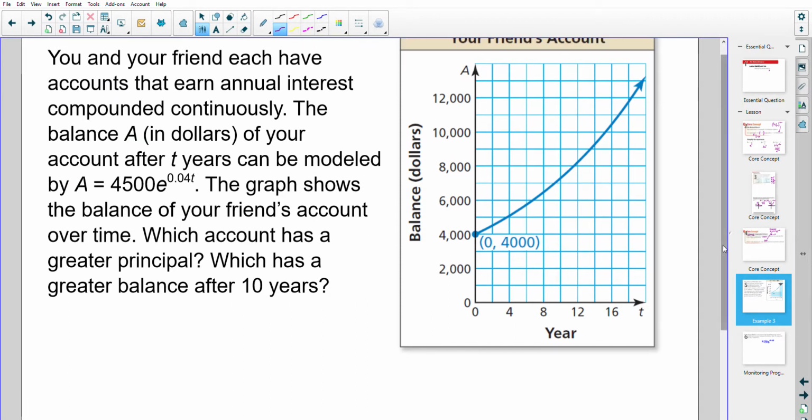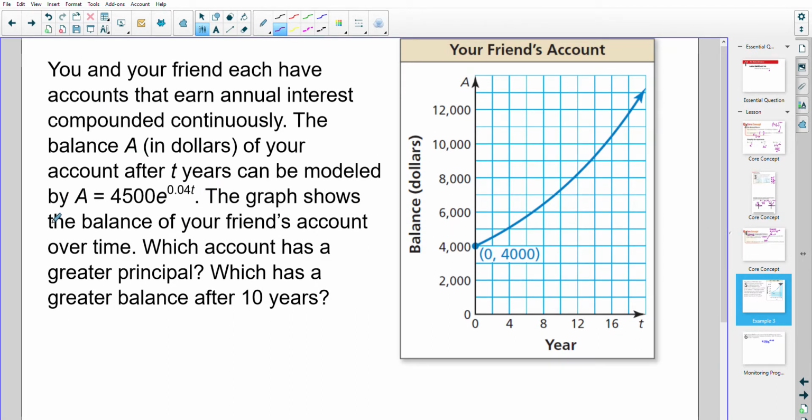It talks about your friend's account of money and your account of money, and the question asks which has the greatest principal. The greatest principal means who starts with the most money. Your friend is 4,000, you are 4,500, so I guess it would be me, not your friend, because 4,500 is greater than 4,000.